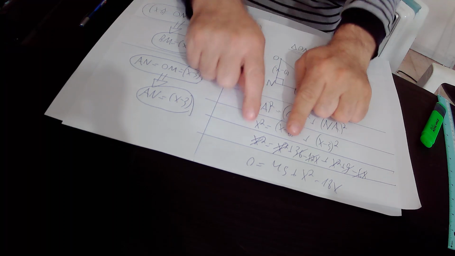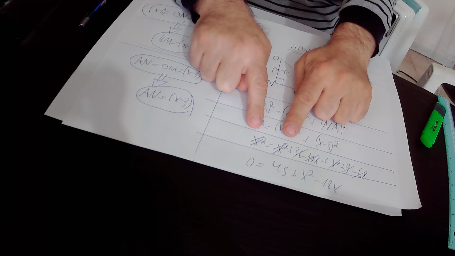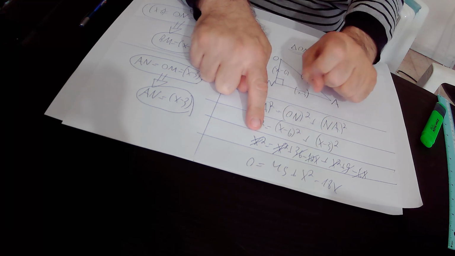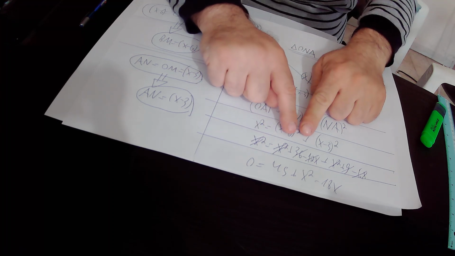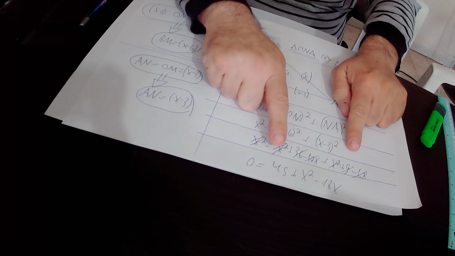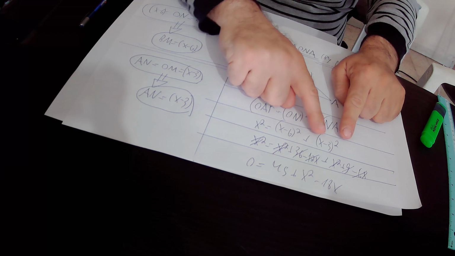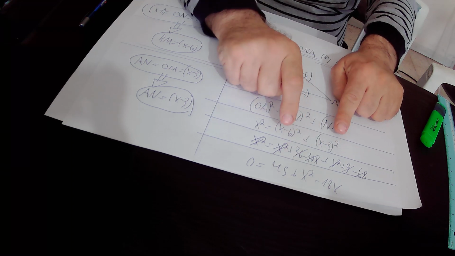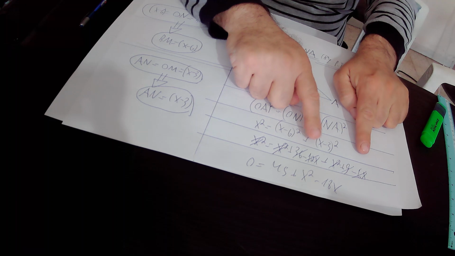Here we have x squared on both sides of the equation, so x squared will cancel. On this side we are left with 0. That equals 36 plus 9, which is 45, plus x squared, and minus 12x minus 6x is minus 18x.